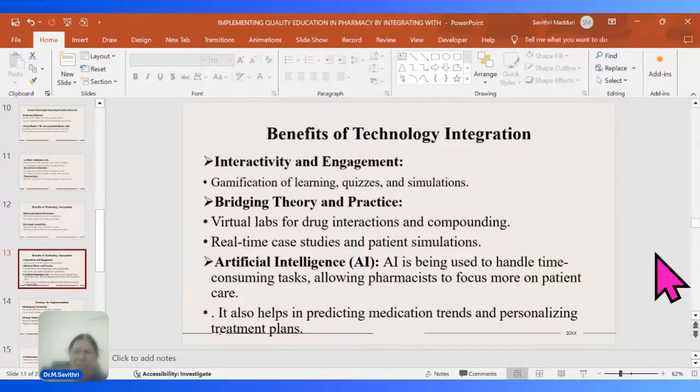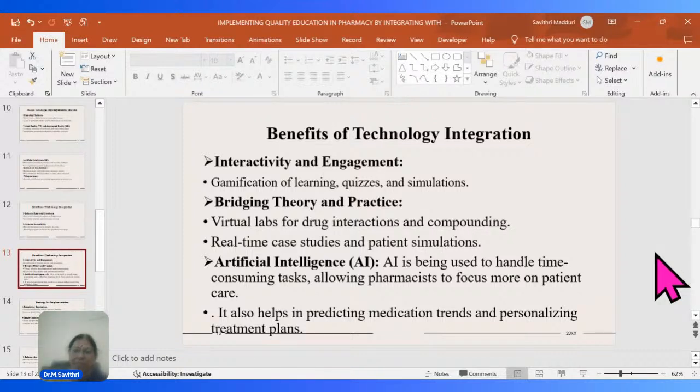Virtually, they must understand what happens if a drug interaction takes place, and even the compounding also. We have done compounding in our first year B Pharm, but later our process is entirely different. But virtual labs for drug interaction and compounding medicine can also be experienced in virtual labs.